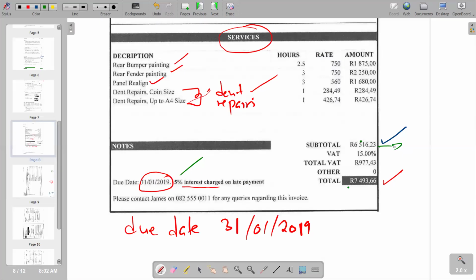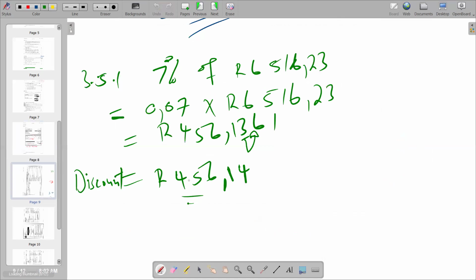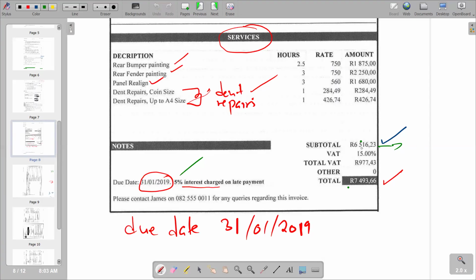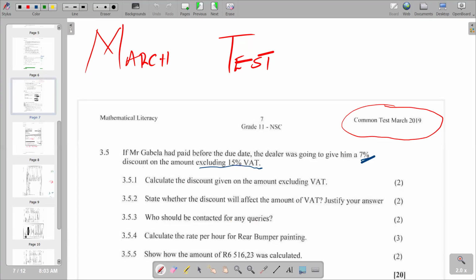The figure that is supposed to be here now is supposed to be the amount less the discount, because we are going to subtract the 456 rands 14 cents from 6,516 rands 23 cents. To get the net figure, it's now going to be 15% on that net figure. So obviously, it's going to affect. Remember, our question is asking whether the discount will affect the amount of VAT. It will affect the amount of VAT because the amount excluding VAT would have changed after subtraction of the discount.